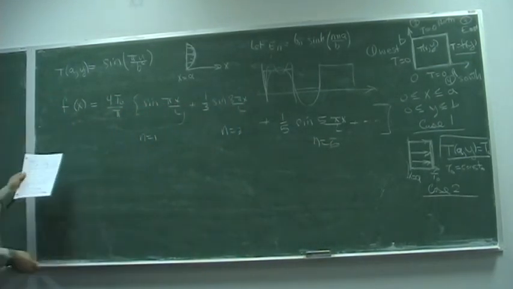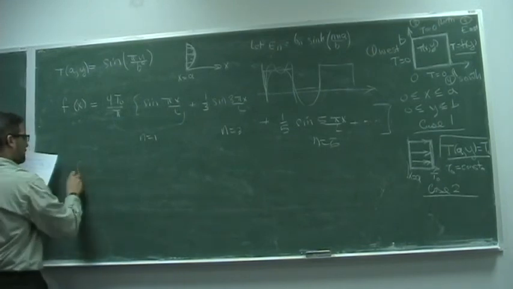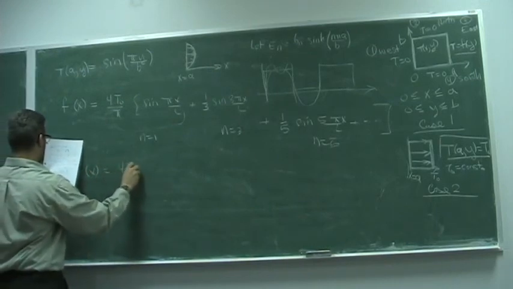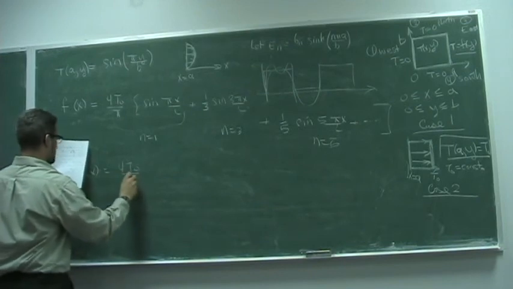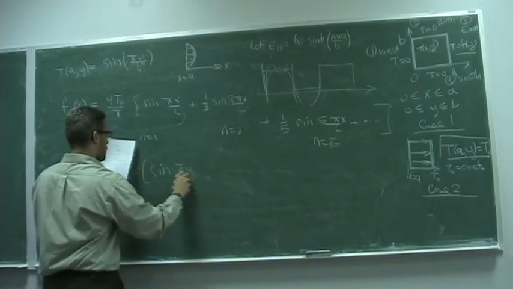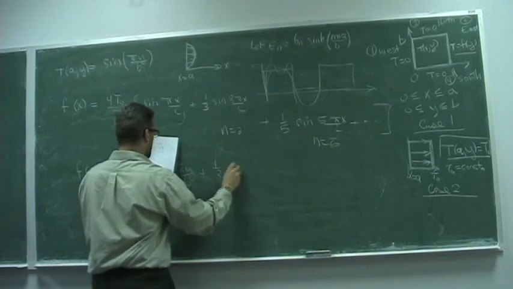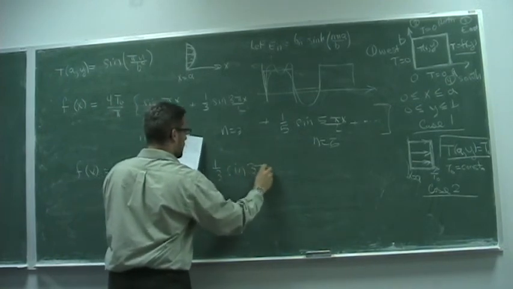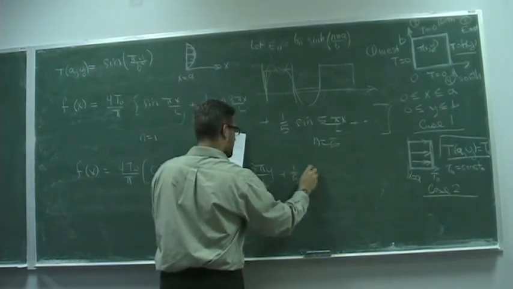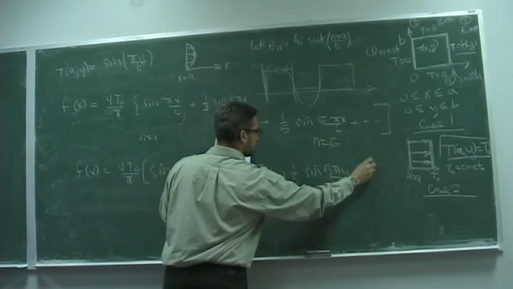All right, so for our problem, we actually have f of x equals 4t0 over pi times sine pi y over b plus 1/3 sine 3 pi y over b plus 1/5 sine 5 pi y over b plus, and so on.